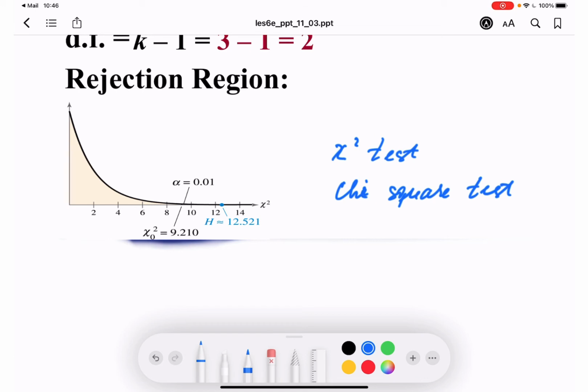Since the test is right tail, it's always going to be right tail, and I explained already why. So with alpha equals 0.01 and degree of freedom equal 3 minus 1, the critical value chi-square 0 is going to be equal to 9.21.